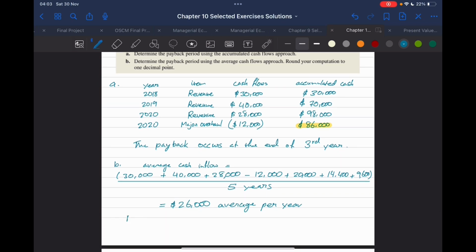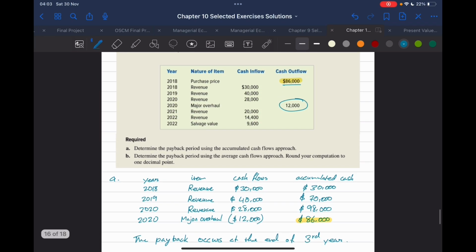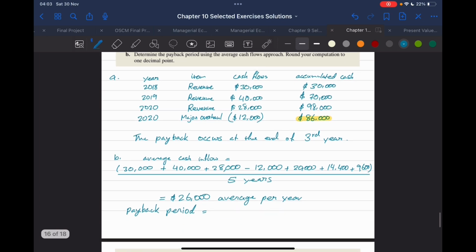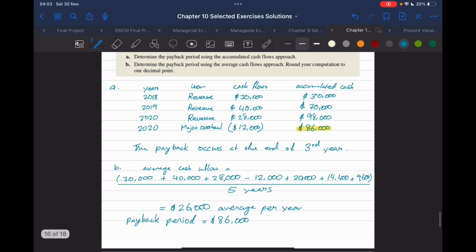Okay, and that means we can now calculate the payback period by dividing the initial investment, which is the initial cost of the forklift, right here, $86,000. We're using the same formula that we applied previously, by the 26,000, which is the average that we just calculated.